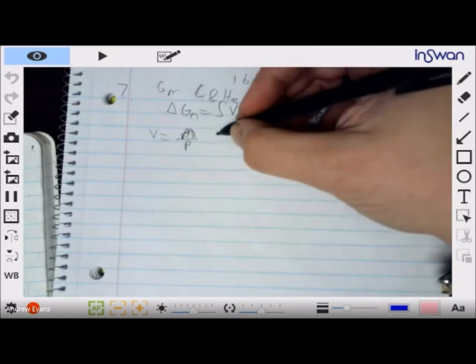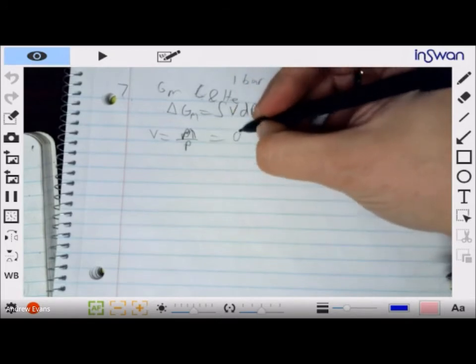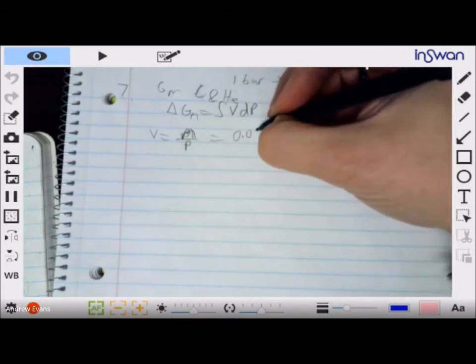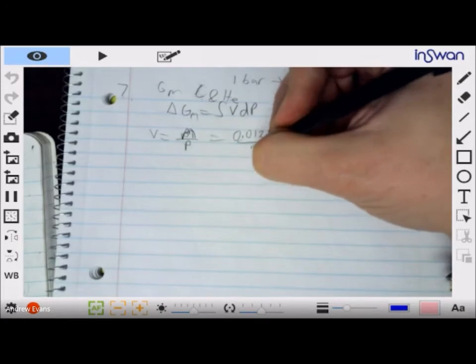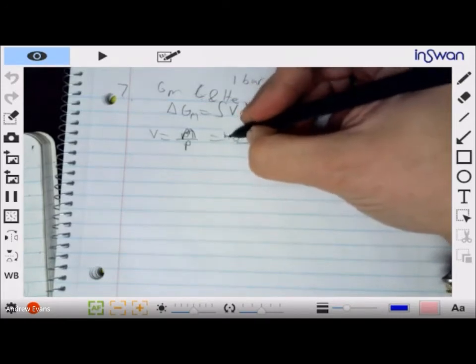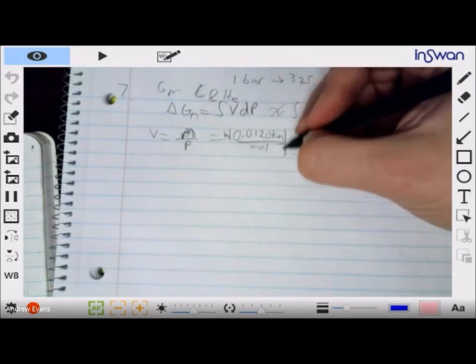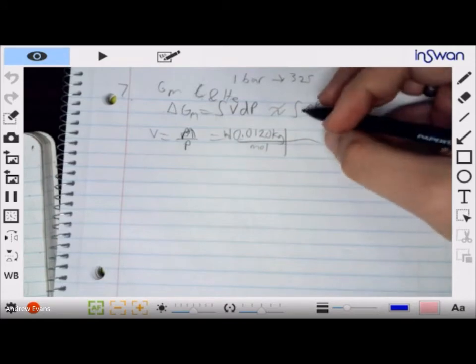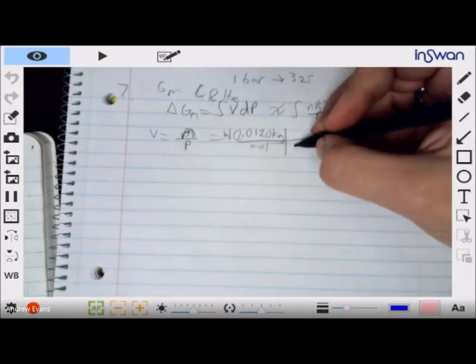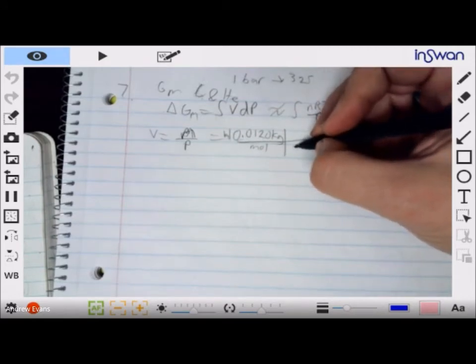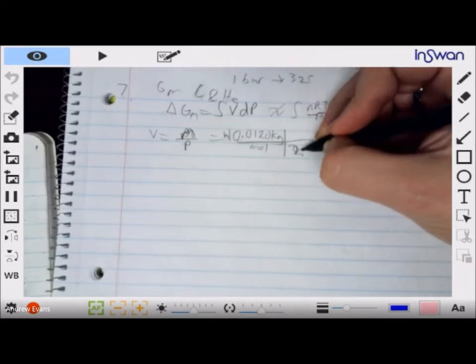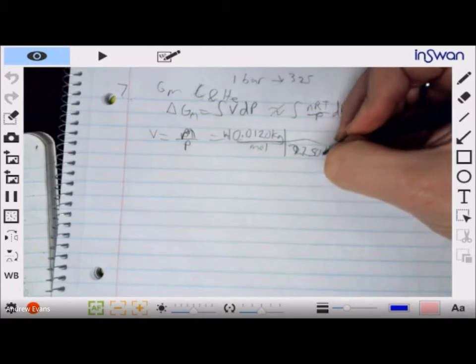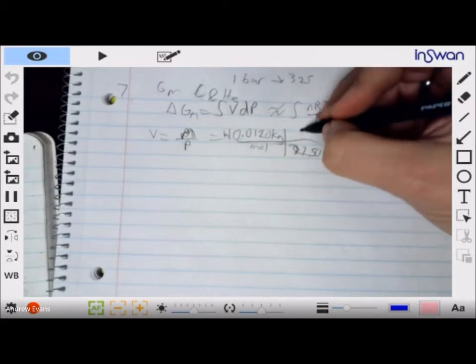So it's going to be something like 0.0120 kilograms per 1 mole, and there's 1 mole of it. And the density of graphite happens to be 2,250 kilograms per meter cubed.